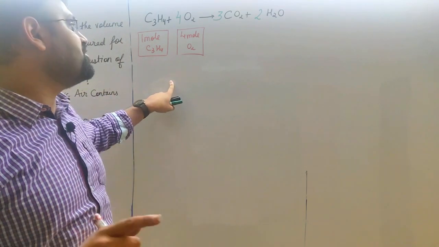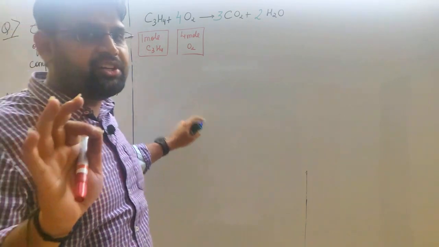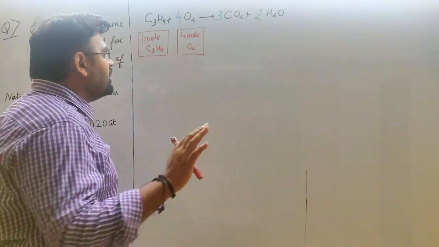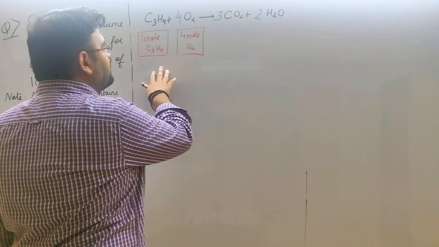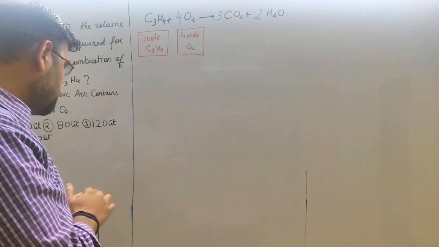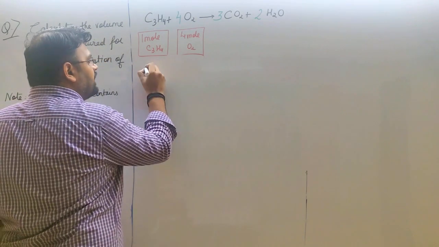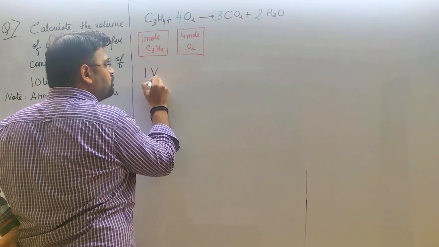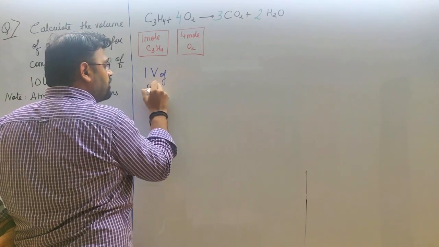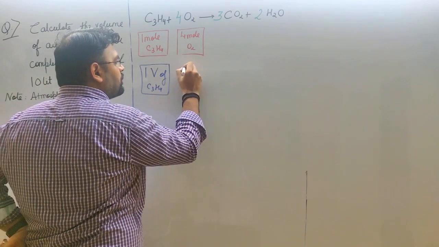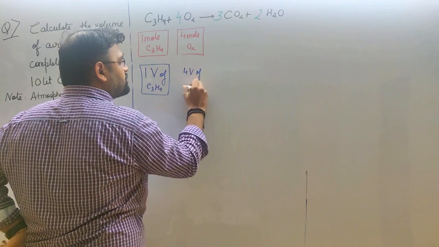We have studied this in law of gaseous volume and Avogadro's law, that whatever is the ratio of moles will be the ratio of volume. So we can also say that 1 volume of C3H4 requires 4 volume of oxygen.